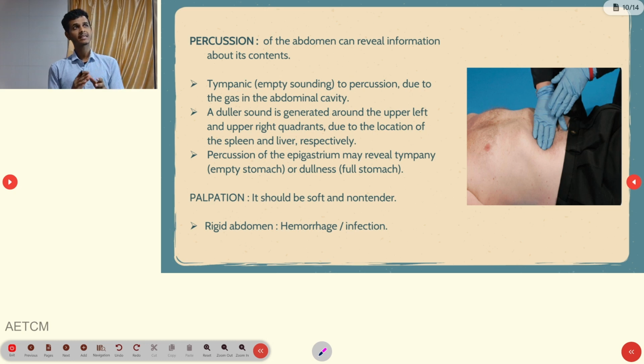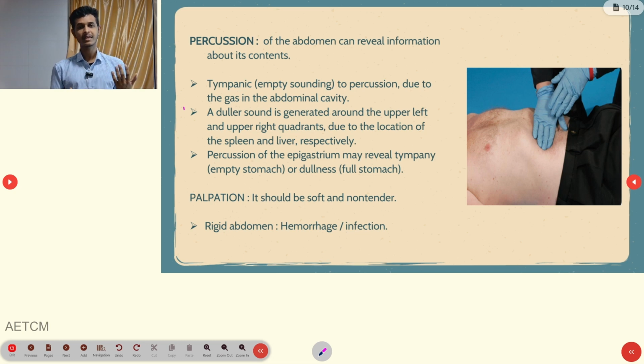Percussion can reveal information about the contents, whether it is fluid content or air content. That will help us while doing percussion. The technique we already know. If it is an empty stomach or filled with gas, there we get a tympanic sound. A dull sound we normally feel in the right upper and left upper quadrants because of the solid organs.